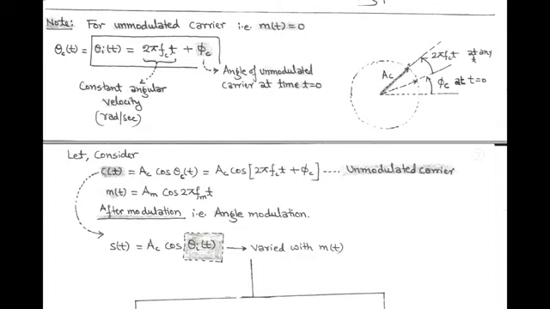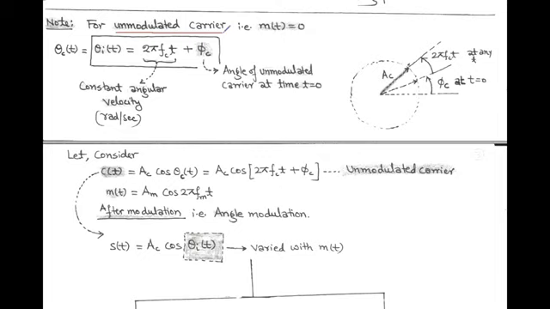Here the rotating phasor A_C makes some angle phi_c at t equals 0, that is the initial time, and after some arbitrary time t, the phasor rotates by an angle 2 pi f_c t with constant angular velocity. So we can say that the angle of the unmodulated carrier, theta_c, equals 2 pi f_c t plus phi_c, which is the same as the instantaneous angle theta_i of t, because here we consider no modulation.